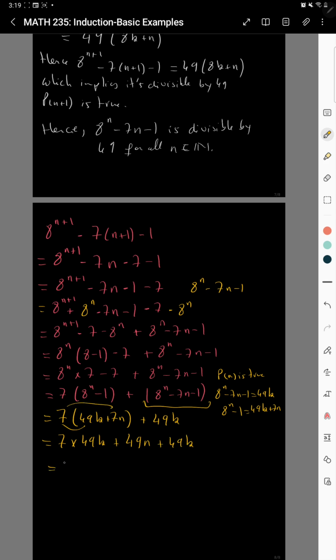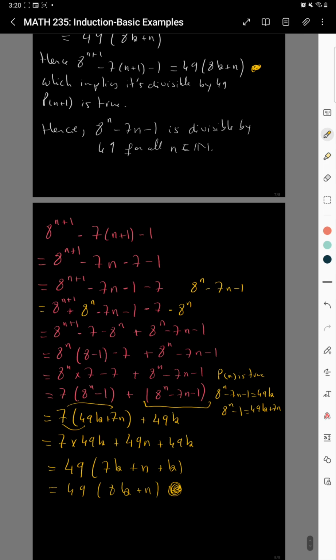We can notice that 49 is a common factor: 49 times 7k plus n plus k, which is just 49 times 8k plus n. Now notice that this expression here is the same as this expression here, and both are equal to 8 to the n plus 1 minus 7 times n plus 1 minus 1. This is a reassuring fact that we're getting the same thing on both sides.